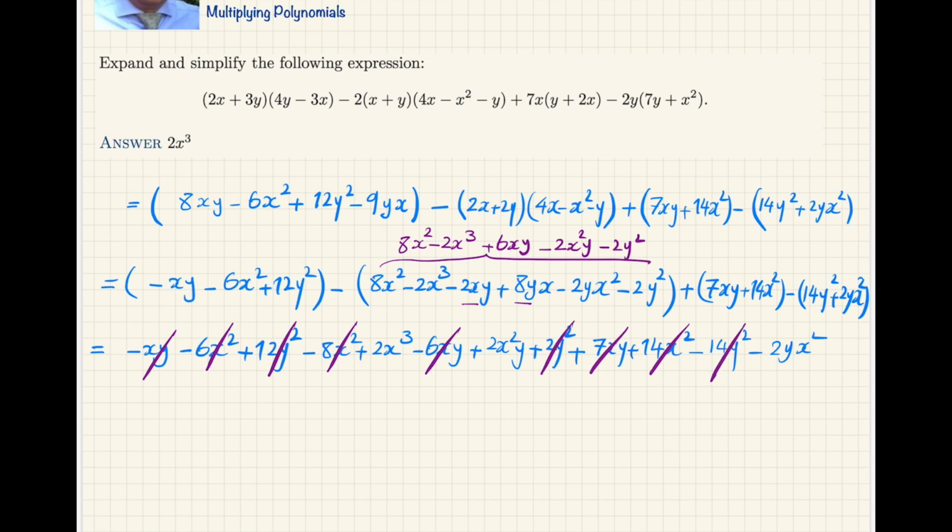And then here, if you see, here and here, they are similar, even though they are written in a little bit different ways, because this is x squared y, and this is exactly x squared y written in different order, but you know that x squared y is equal to yx squared, so they are similar and opposite, so these are also gone. And then there is only one term that survives, and that is 2x cubed, yes? And that is the answer provided by the problem itself.